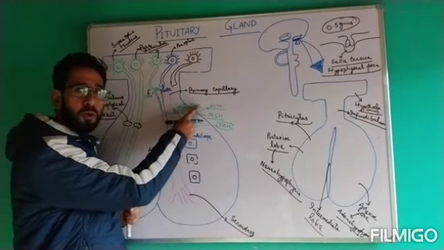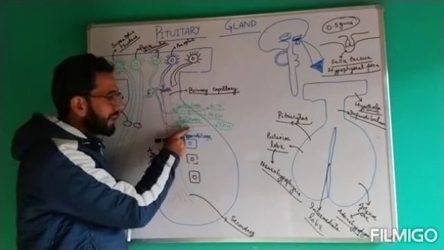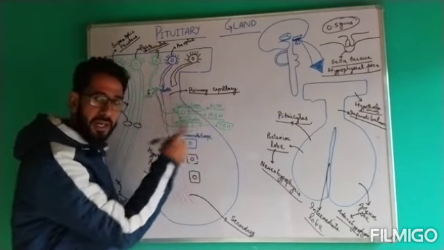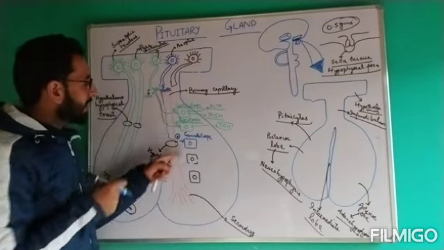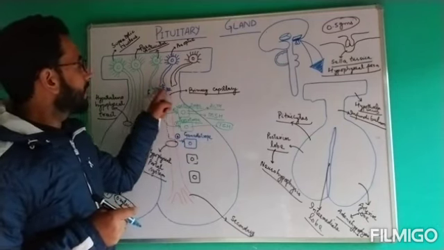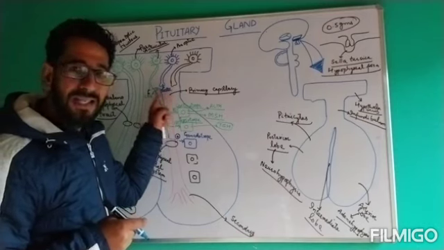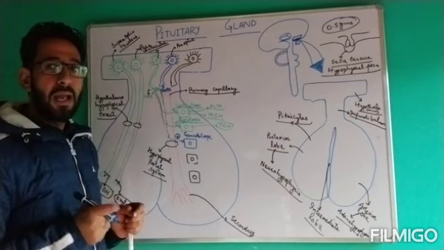The first one is corticotrope, which releases ACTH and MSH. The second is thyrotrope, which releases TSH, that is thyroid stimulating hormone. And the third cell is gonadotrope, which is stimulated by gonadotropin releasing hormone, secreted by the pre-optic nucleus of the hypothalamus.